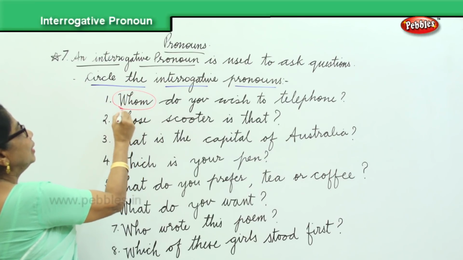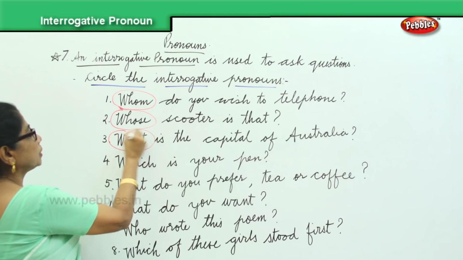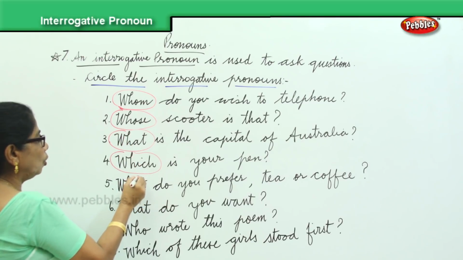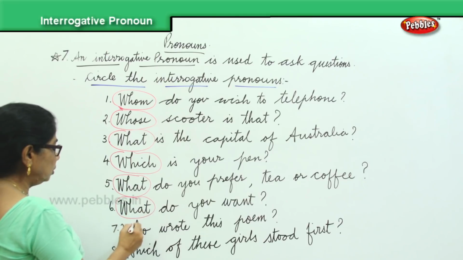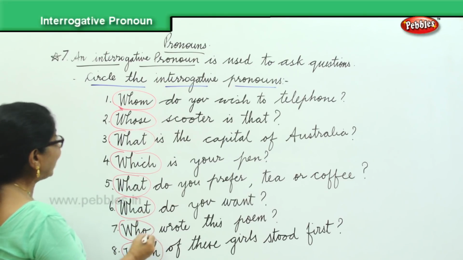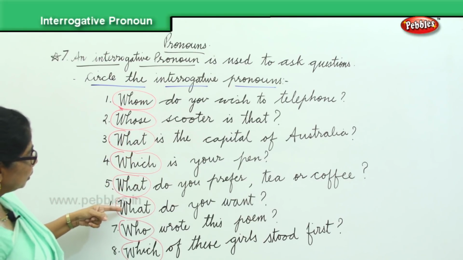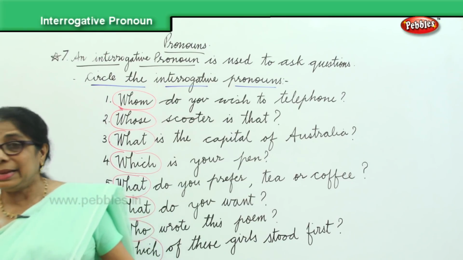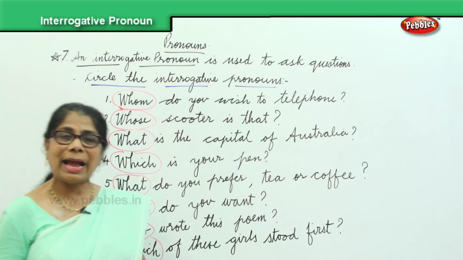Next is, very good, whose, what, which. What again here? What do you want? Who, which. So you have whom, whose, what, which, what. All these words indicate that these are interrogative pronouns.